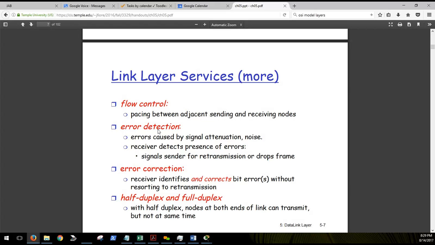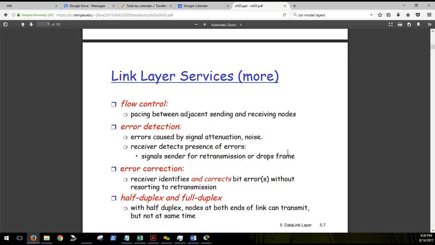Error detection. Errors caused by signal attenuation or noise. So what this does is it messes up the data. The receiver detects presence of errors and signals the sender for retransmission or drops the frame, okay? For example, error detection is where it checks for errors spread through signal attenuation and electromagnetic noise.